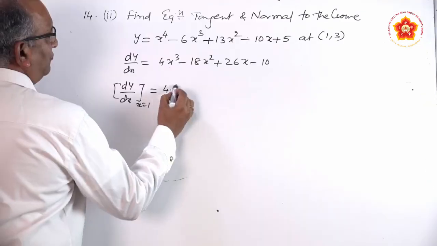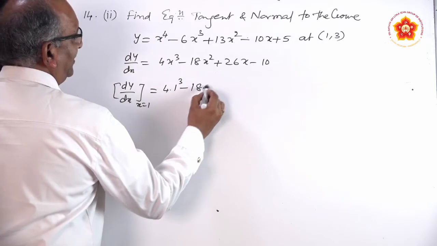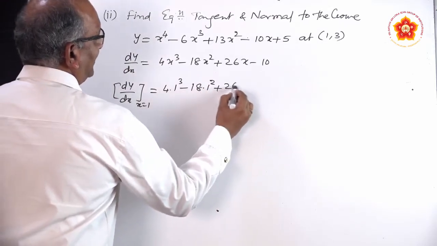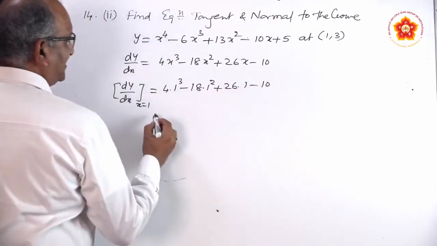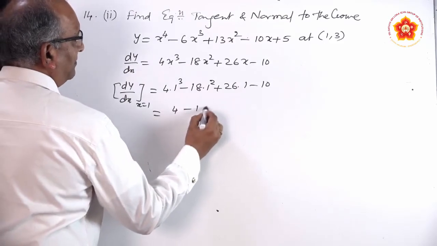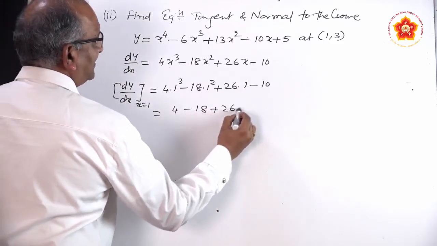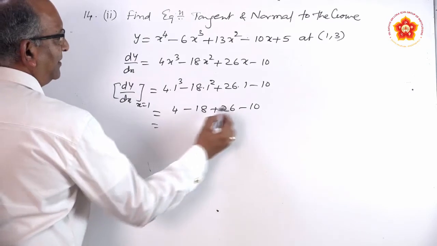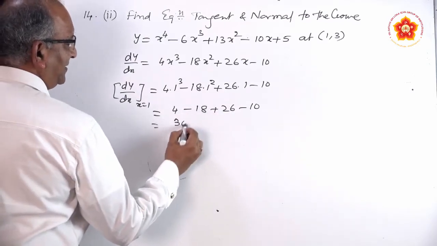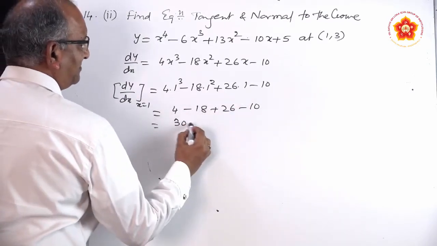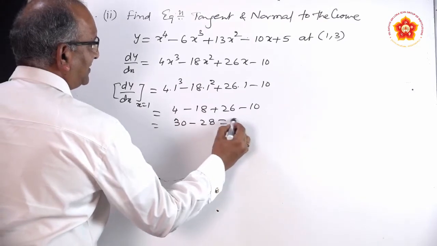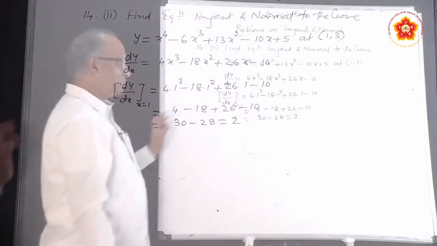So 4 into 1 cube, minus 18 into 1 square, plus 26 into 1, minus 10. Simplify. 4 minus 18 plus 26 minus 10. 26 plus 4 is 30, minus 18 minus 10 is minus 28. Answer is 2. So slope is 2.